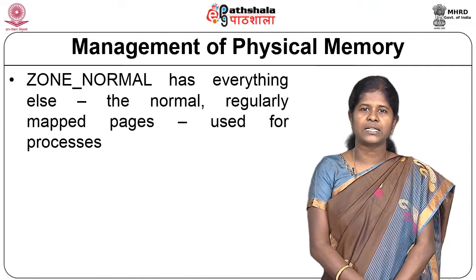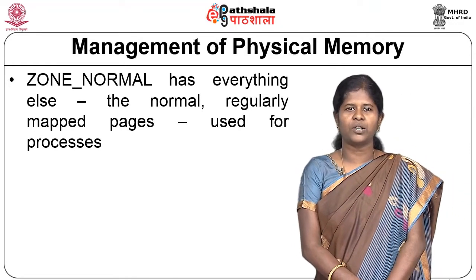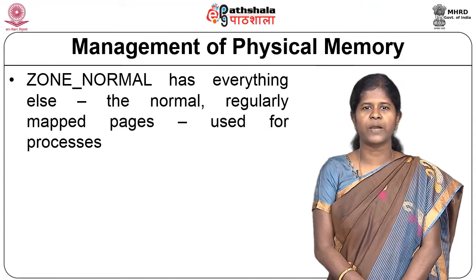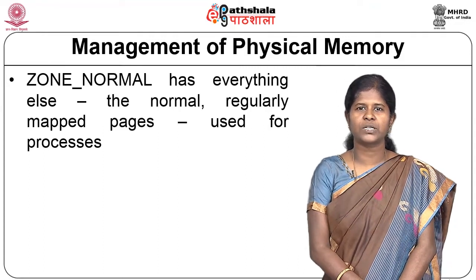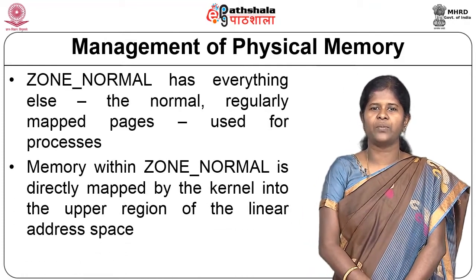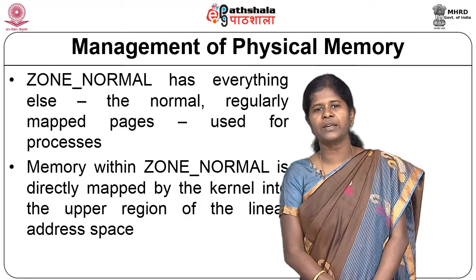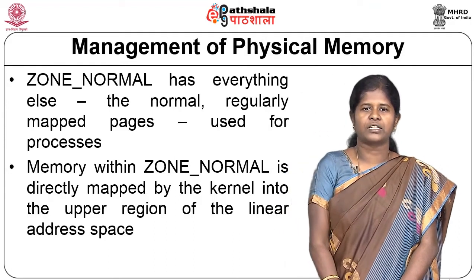Everything else is called zone normal, or the normal regularly mapped pages which are used by processes will be put into this zone normal area of the physical memory. And the memory within the zone normal is directly mapped by the kernel into the upper region of the linear address space.